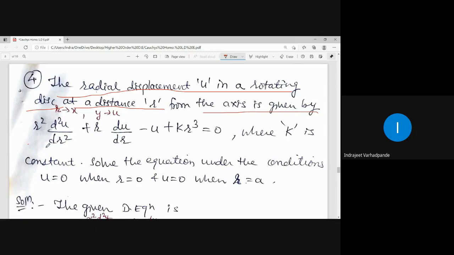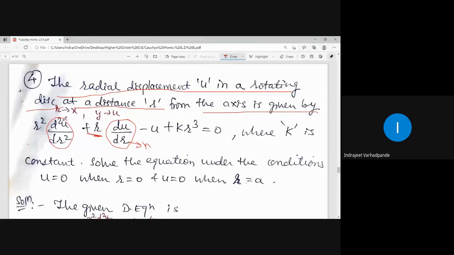RHS is also in the form of the independent variable. So if you compare here in the derivative du by dr, which is the dependent variable? u. Which is the independent variable? r, and it is multiplied by r.